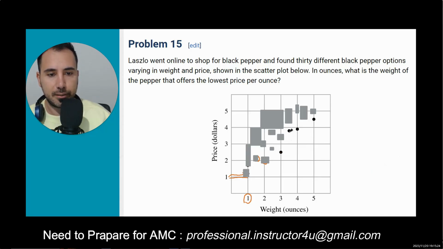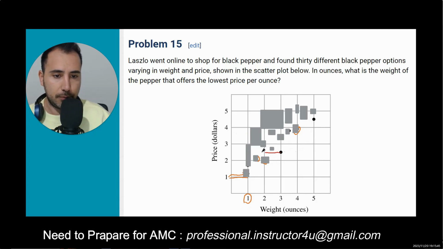This will be, again, with the same reasoning, more than $1 for 1 ounce. This one, as you see, is almost 1 per 1 ounce, $1. So that one is not good. So the final decision has to come between these two, okay?